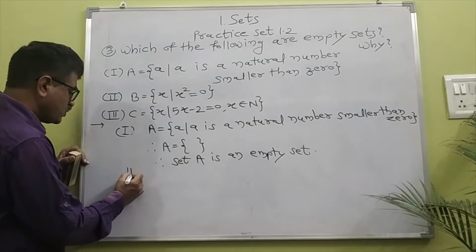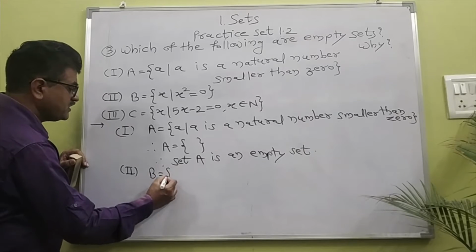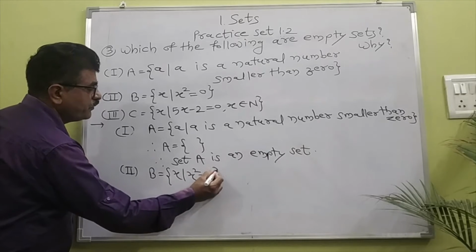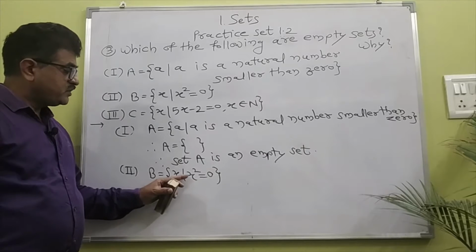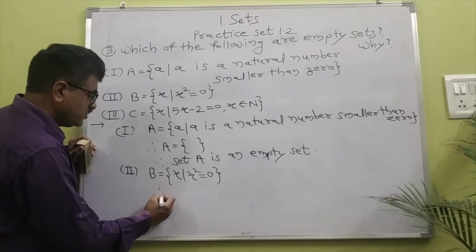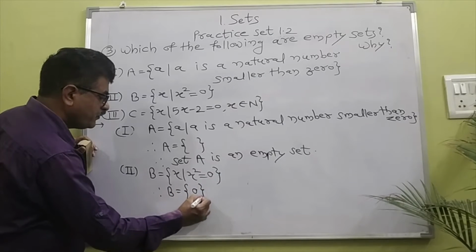Now write down number 2. B is a set of x such that x square is equal to 0. Now x square is equal to 0 means the value of x is 0. Taking square root of both sides, x is equal to 0. Therefore, set B contains element 0.